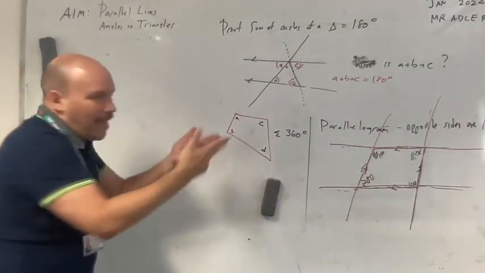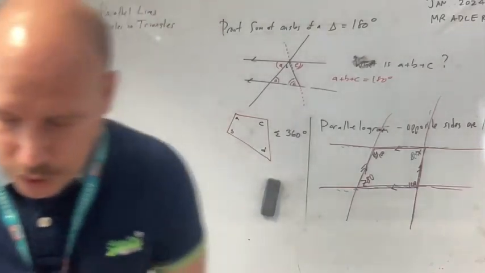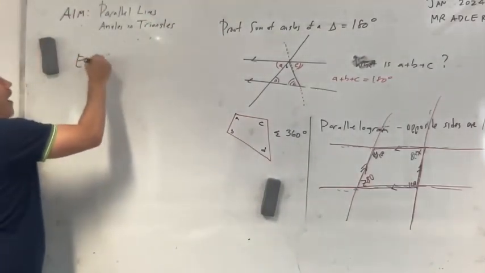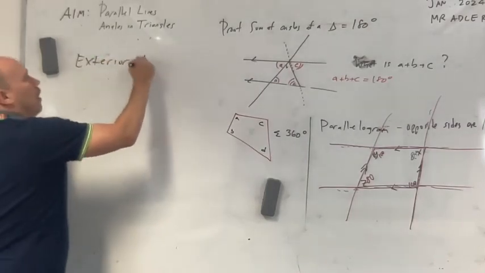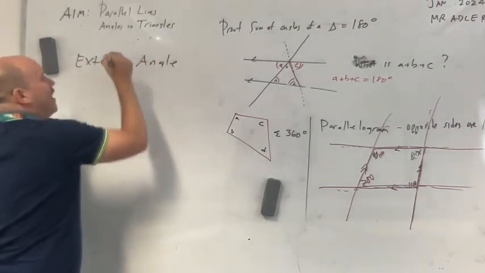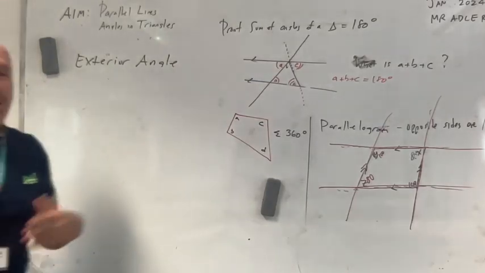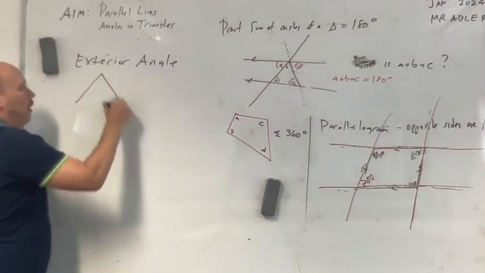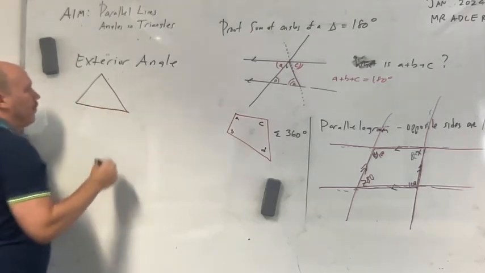Last thing I want to talk about in this video is this idea of extending lines. It also applies to triangles. So I want to talk about exterior angles. I'm not going to write a definition down, I'm just going to describe it. So you draw a triangle, any triangle.